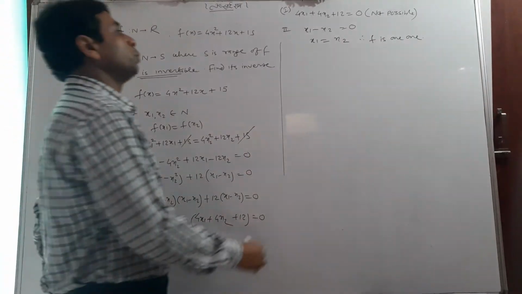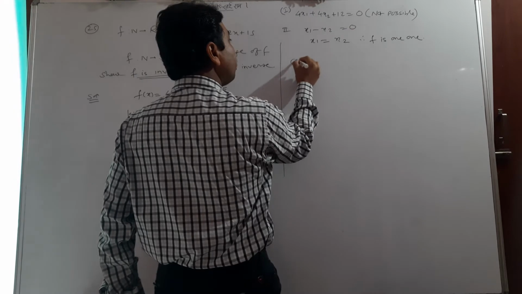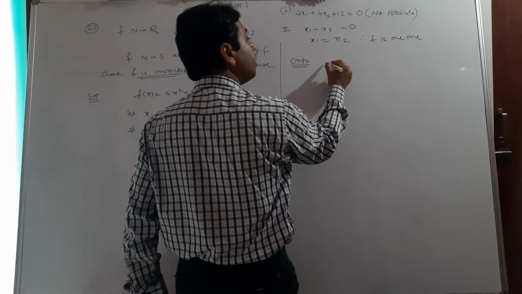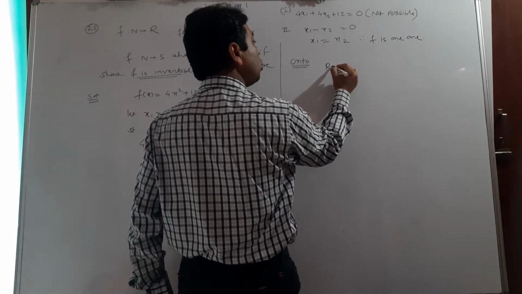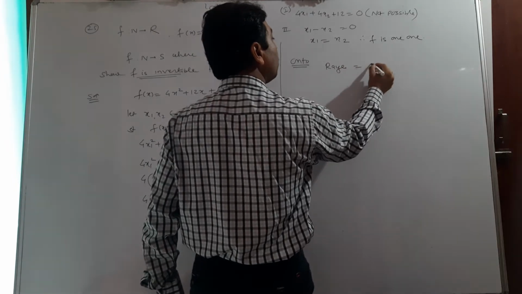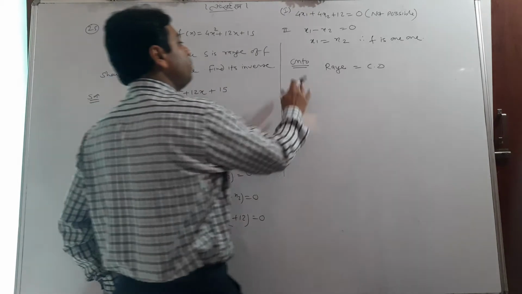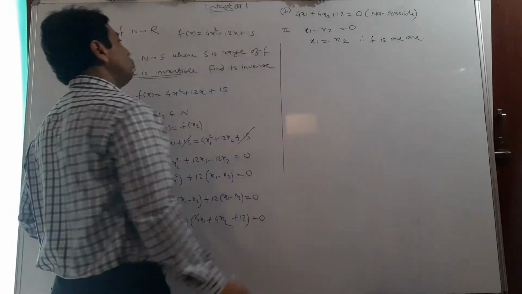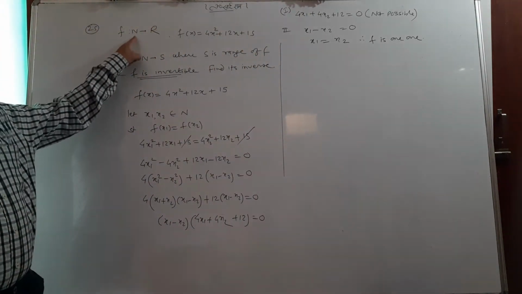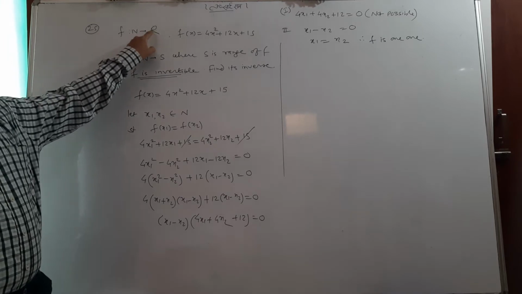So what is onto? For onto we have to prove that the range of the function should equal the codomain. Let me explain one thing which is very important. The function was initially given as f from N to R, the real numbers.